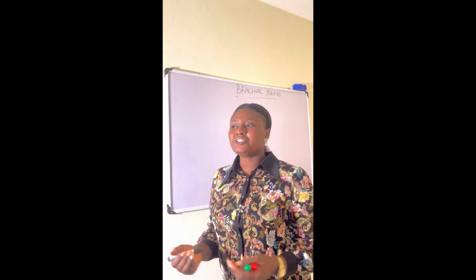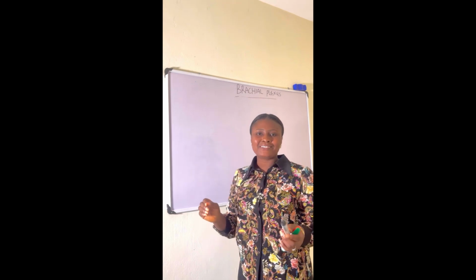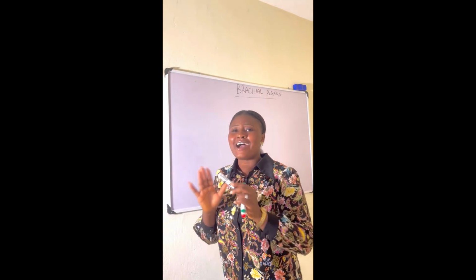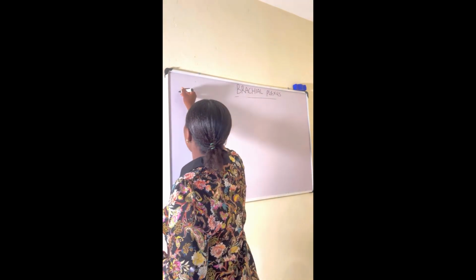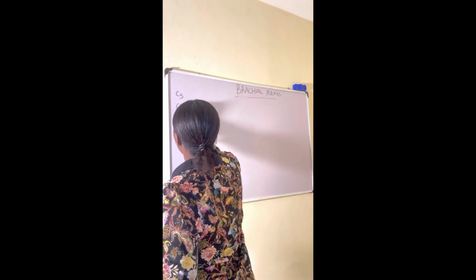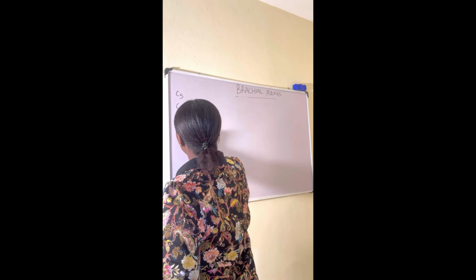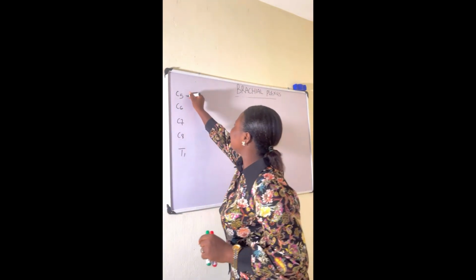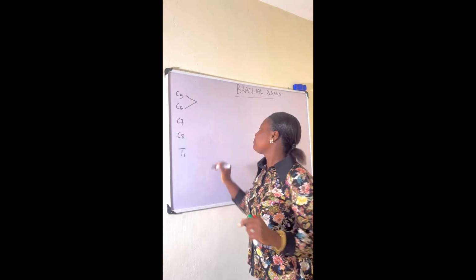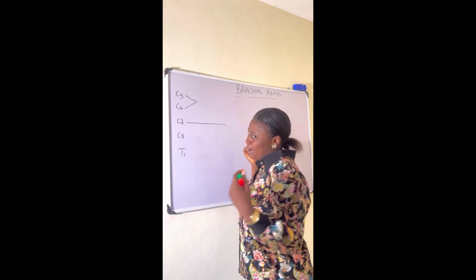So I'm going to teach you how to draw your brachial plexus extensively in 15 to 20 seconds. Now let's go. The first one we have are the roots: C5, C6, C7, C8, and T1. C5 and C6 are going to get married. C7 will not get married.